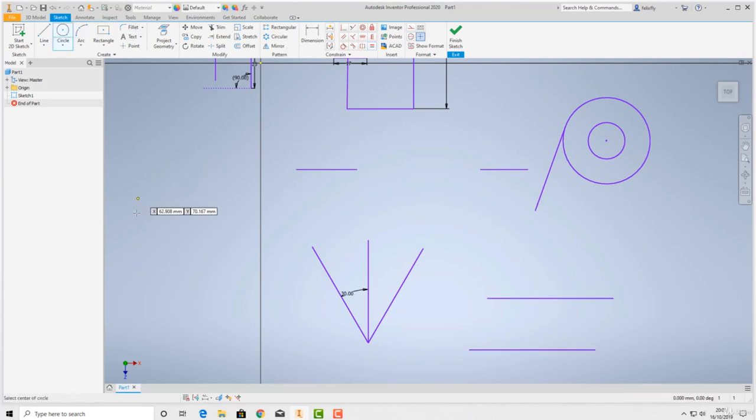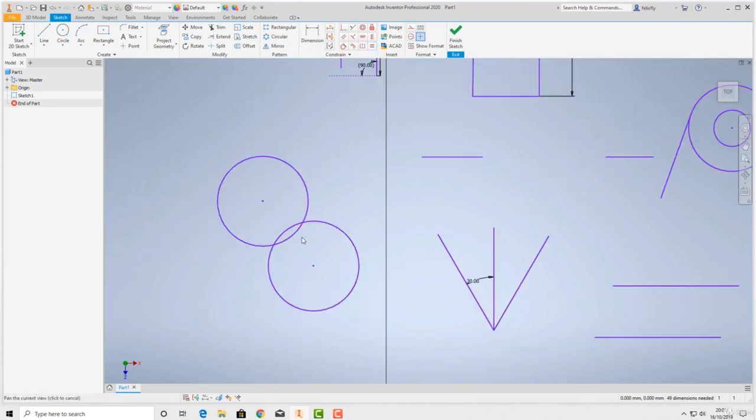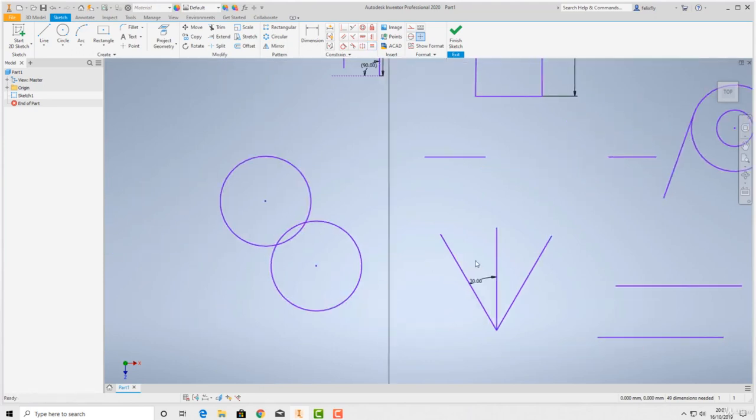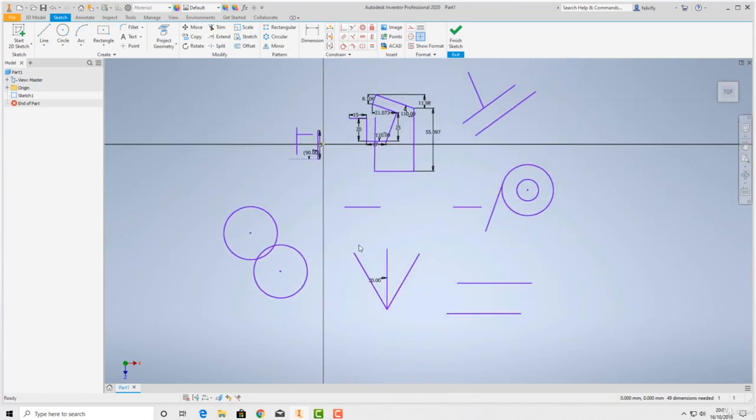And you can also apply the equal constraint to circles. So both these circles could be equal diameter. Now when it comes to which one it chooses as the main, as a priority size, you do want to set one with a dimension. Going back to what I said about everything being set, you do want to set one.